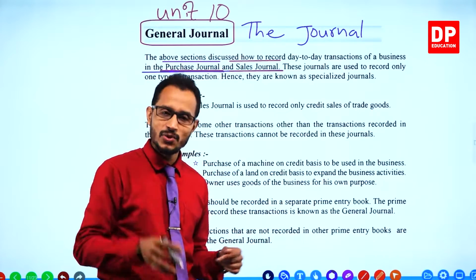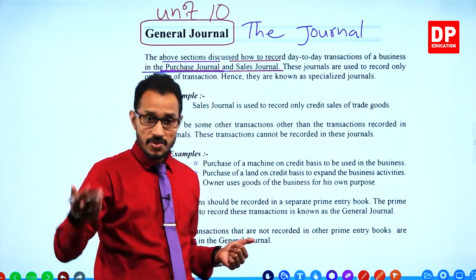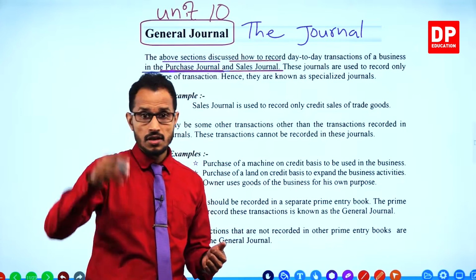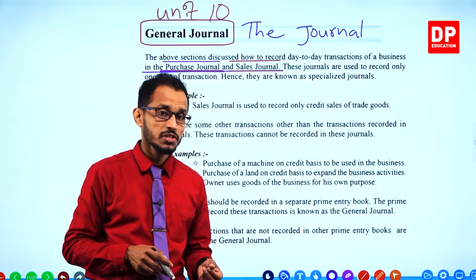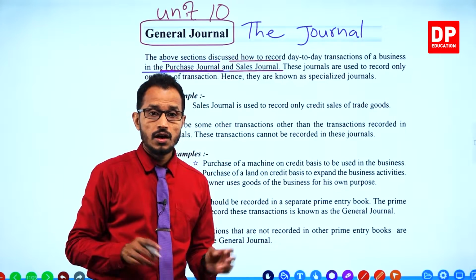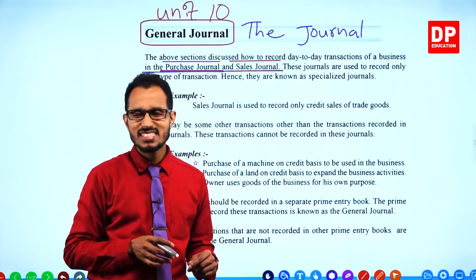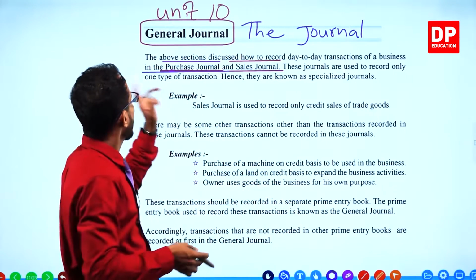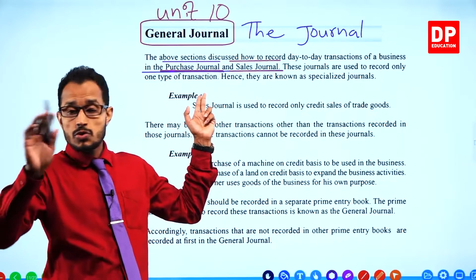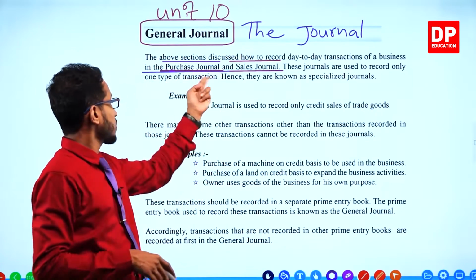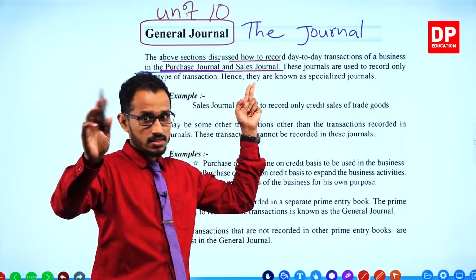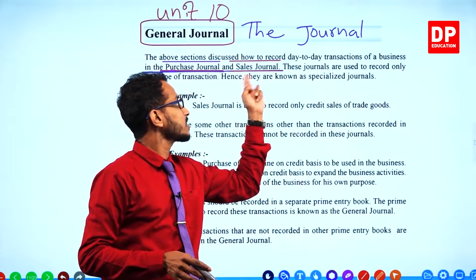My dear students, if you were with me in the previous chapters and watched the previous videos, you must have these things in your mind. So, not cash purchases, only credit purchases in the purchases journal. No cash sales, only credit sales in the sales journal.